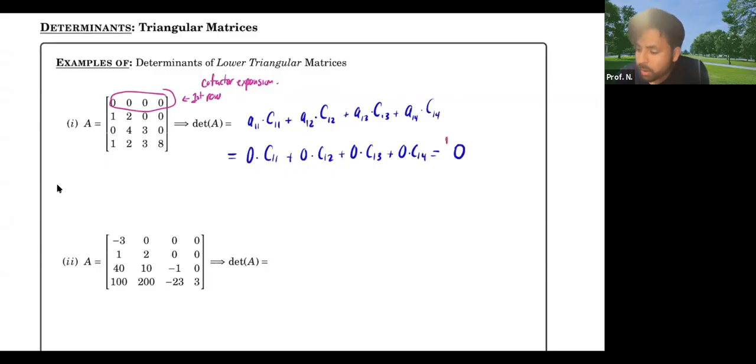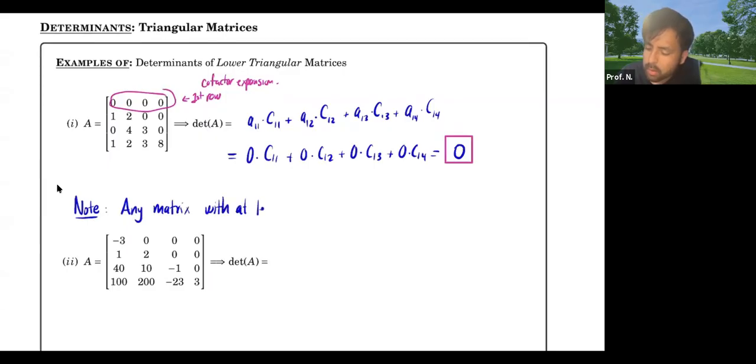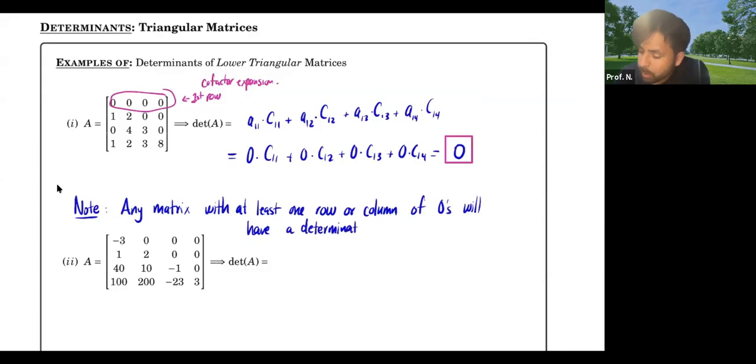So then you should notice something. What do we notice? Note: any matrix with at least one row or column of zeros will have a determinant equal to 0.